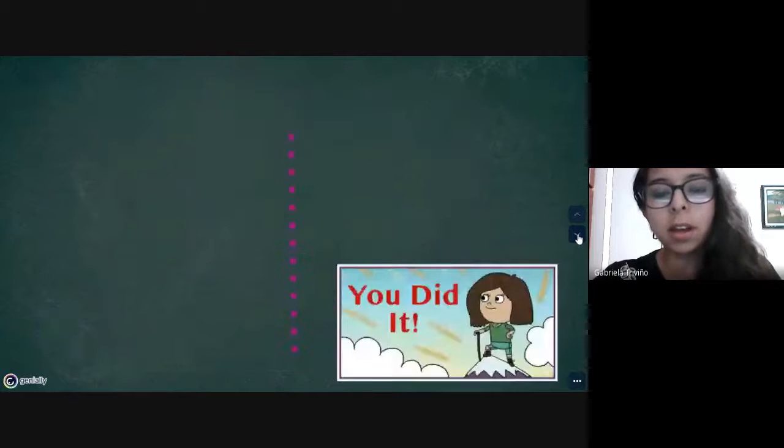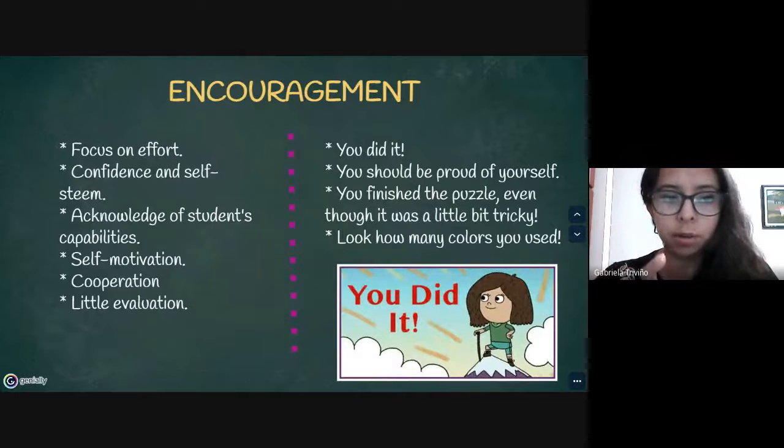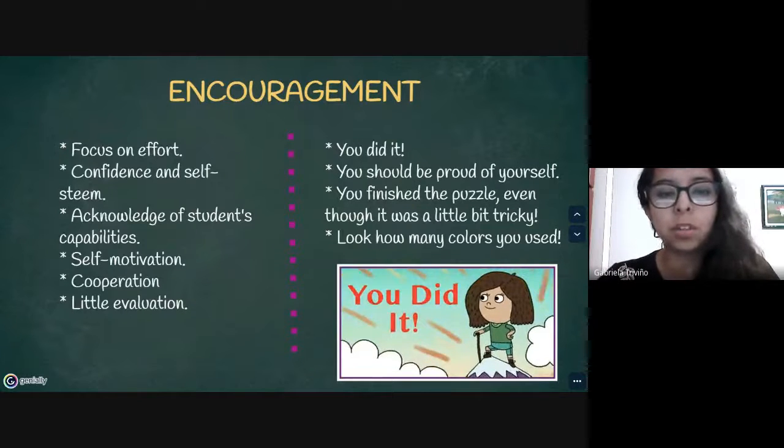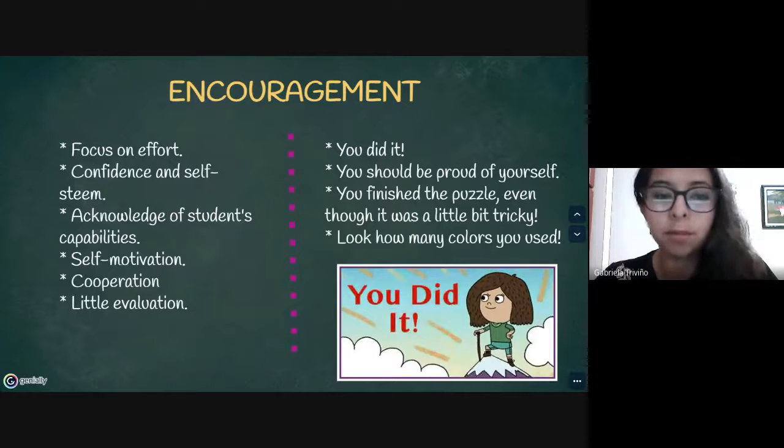So to start, I want to tell you about encouragement. This is focused more on the effort. It helps the students focus on their effort and their progress.